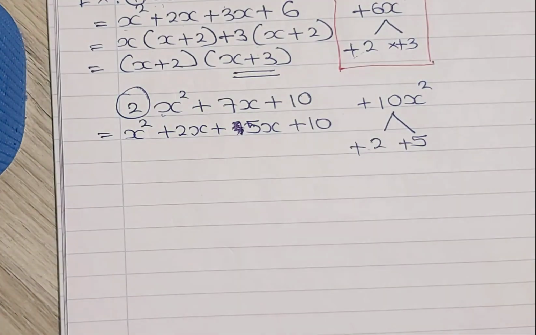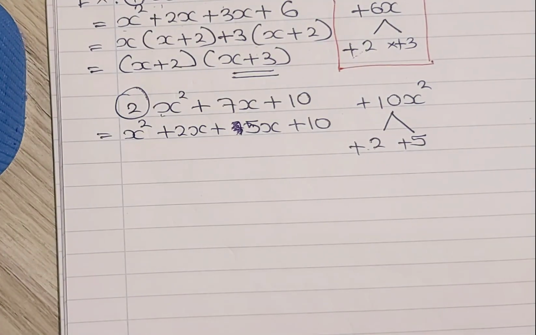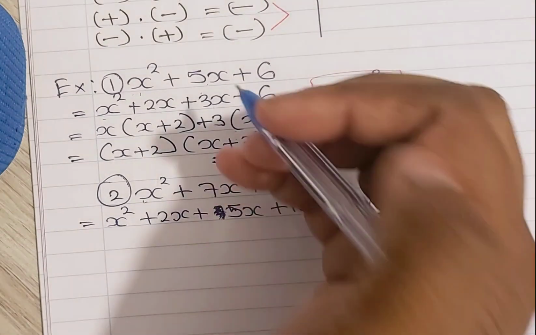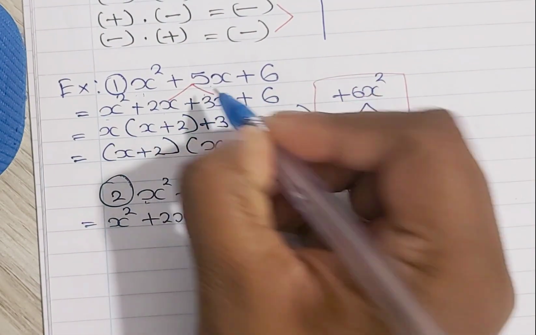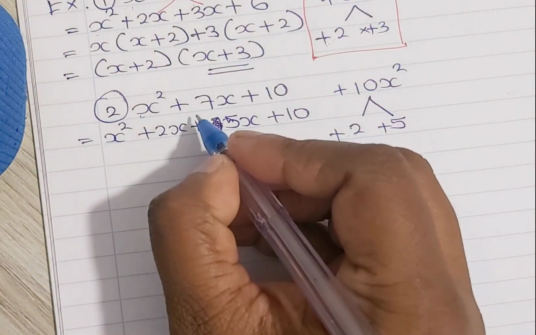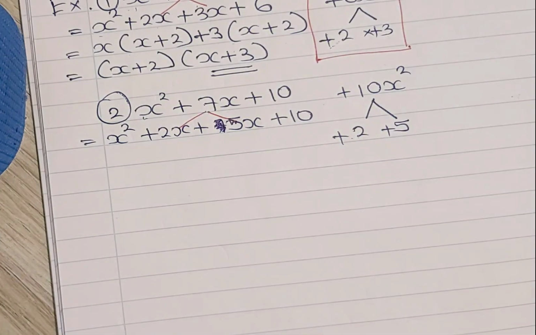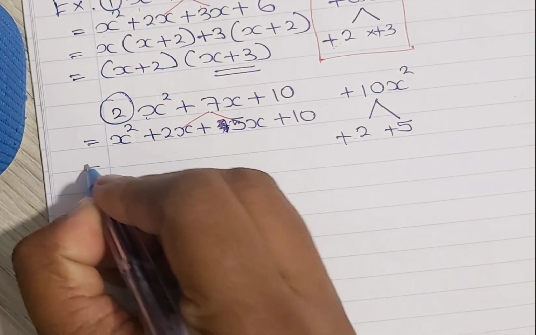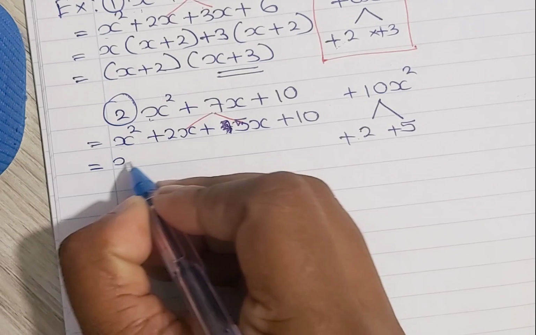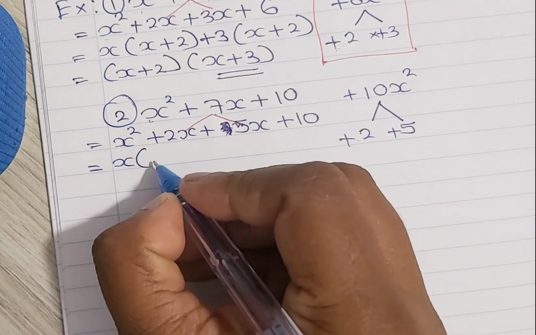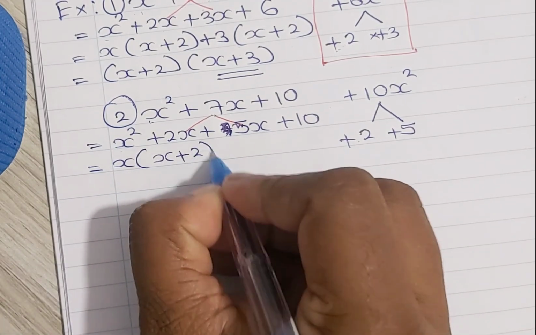Here 7x is separated into two parts. You can see x is common for both terms. You take x outside, and the remaining value is x plus 2.